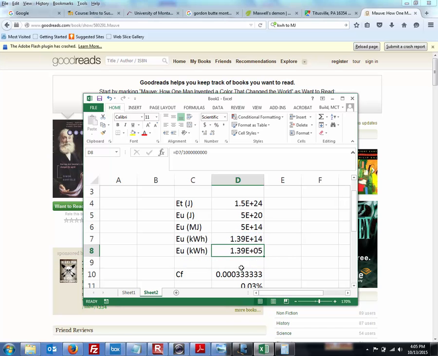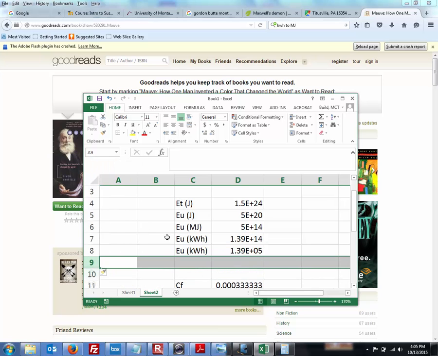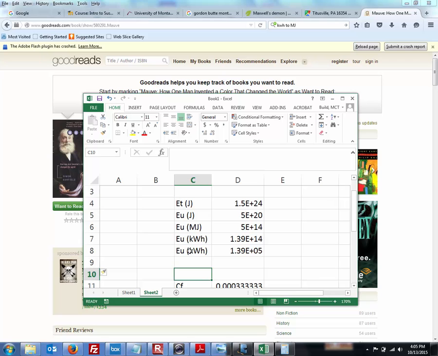Okay, so 1.5, and then we'll insert it one more time, and we'll take this guy. So this is terawatt hours. And now let's take this and say equals that, and we'll change it into that special format.